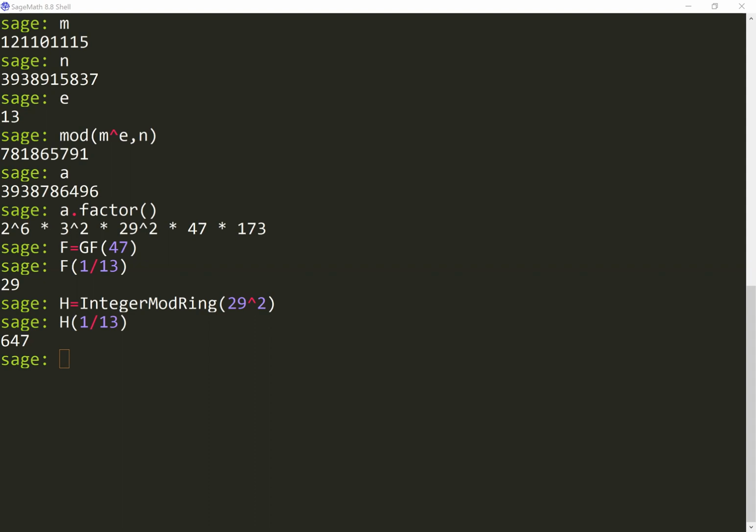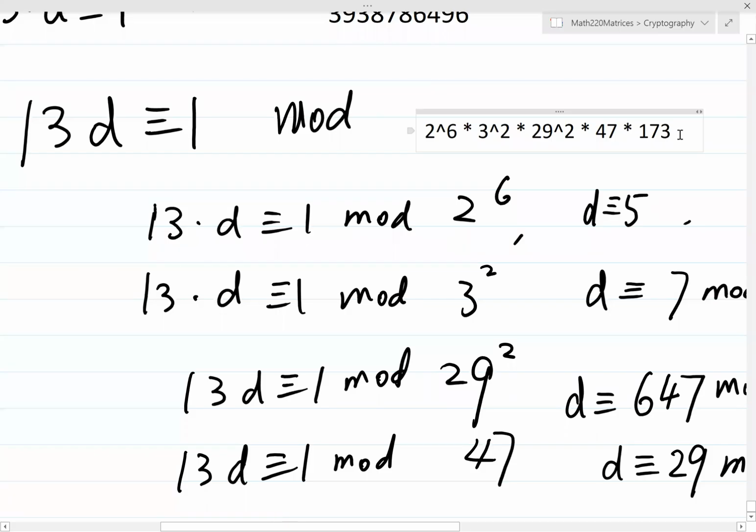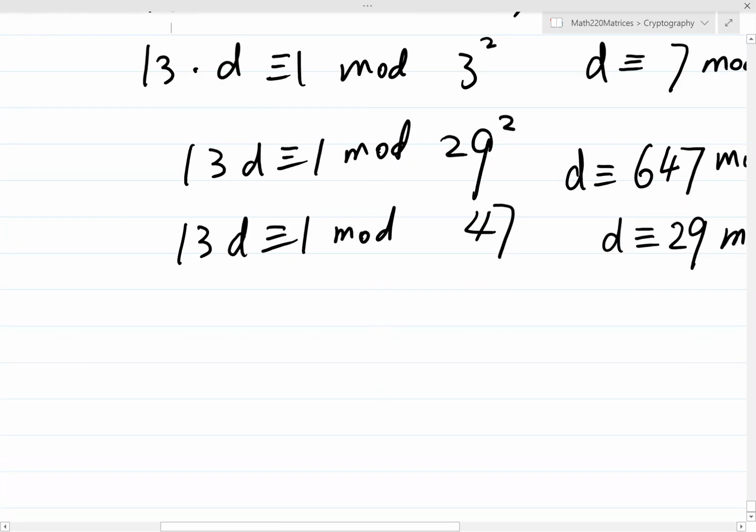Another thing is modulo 173. We also need to solve 13d congruent to 1 mod 173.